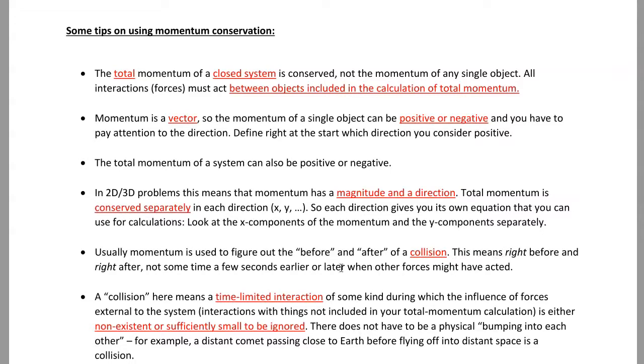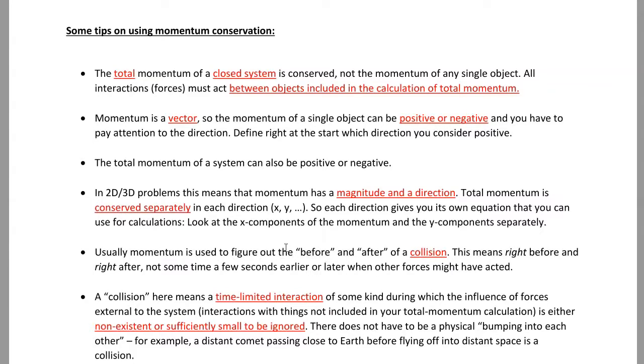Right after they've crashed, like a second later, what is the momentum of the car and what's the momentum of the truck? Those are the relevant quantities, not what happens half an hour later after they've been sitting next to a tree that they hit. Of course, if you wait a little bit longer, other things are going to happen and things are slowing down or speeding up and so on. So right before, right after.